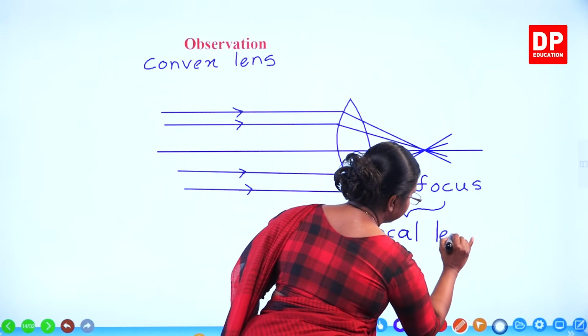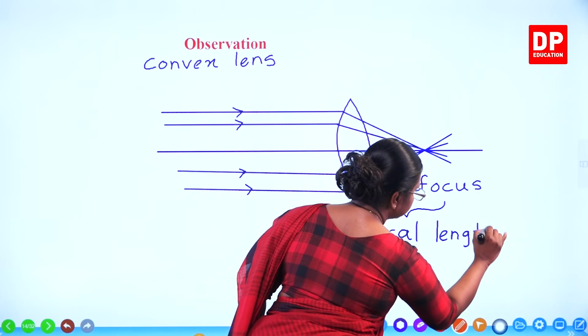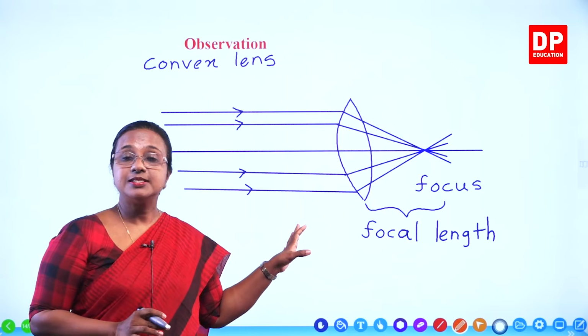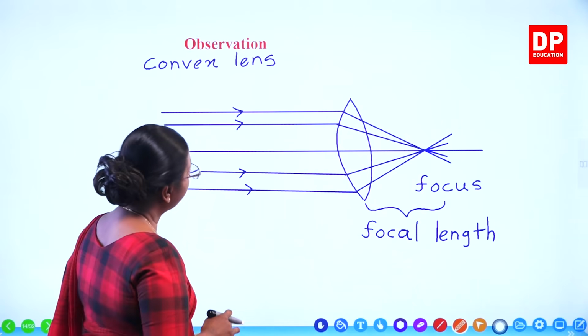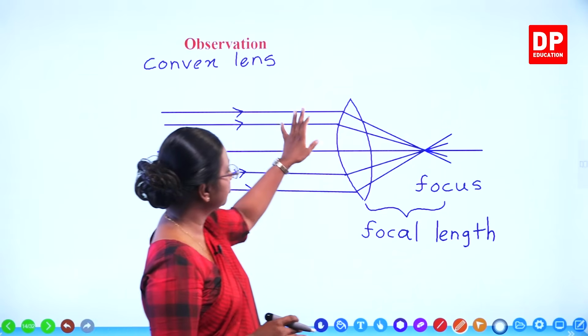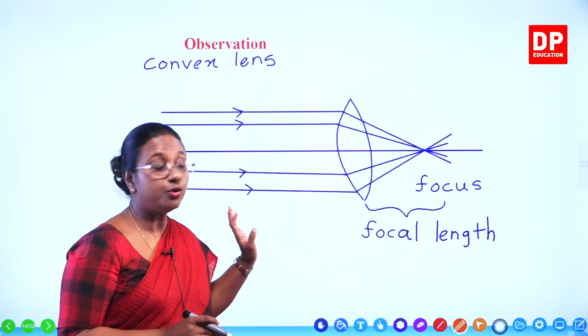Focal length. So, is this clear to you all, students? You observe what happened, then you draw the diagram to show what happened.